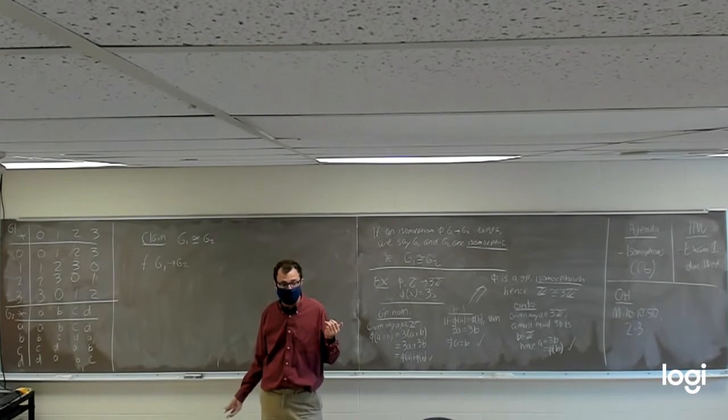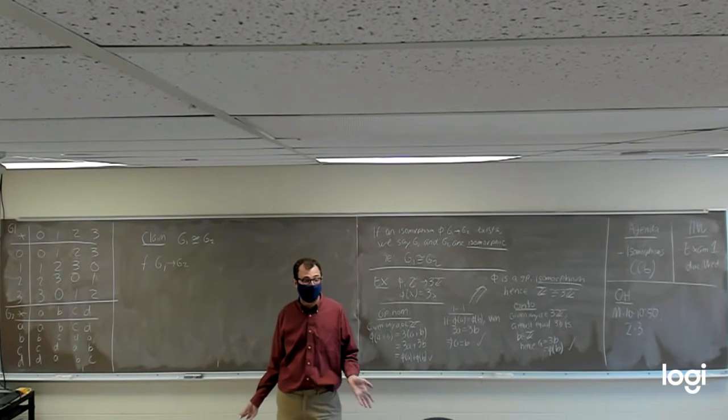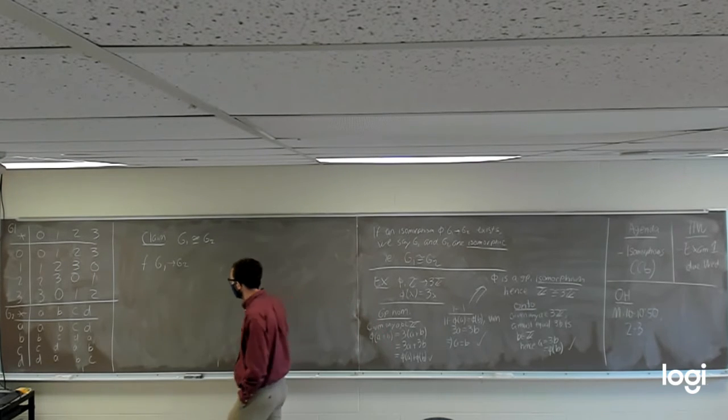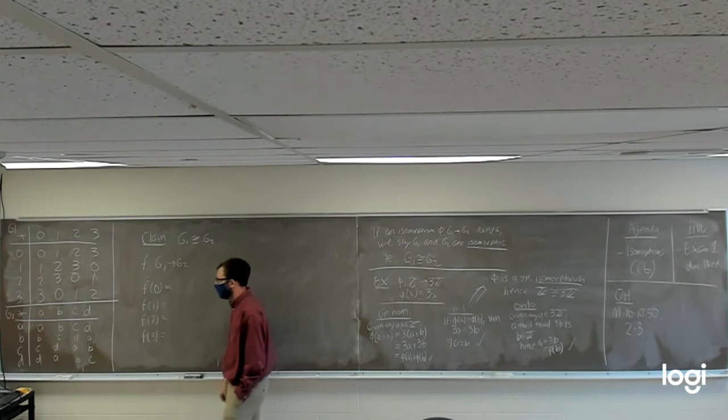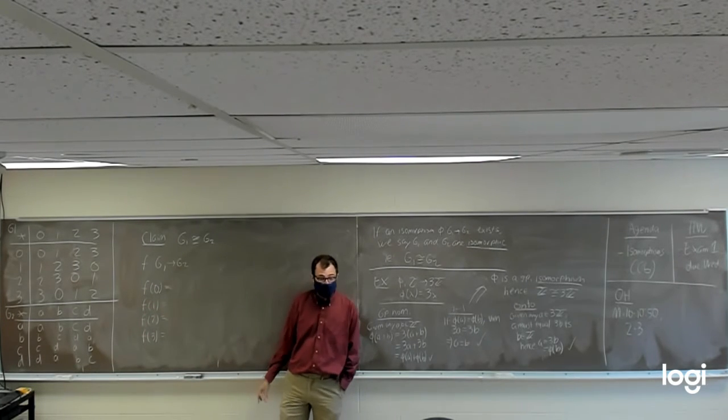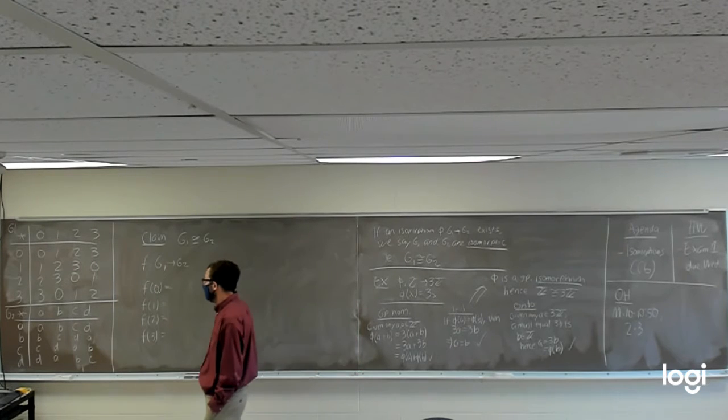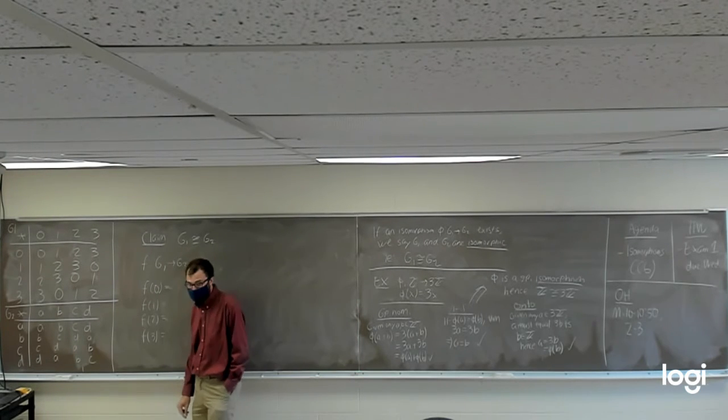What does f of 1 equal? What does f of 2 equal? What does f of 3 equal? So we'd like to come up with a function that is an isomorphism from the first group to the second group.